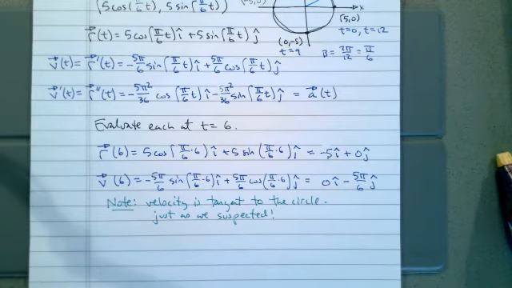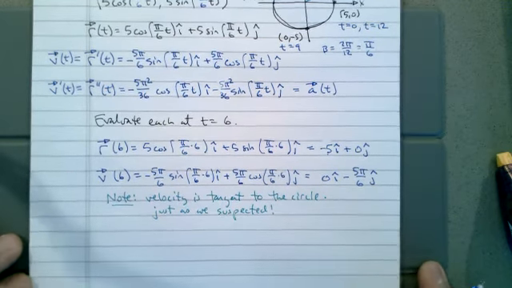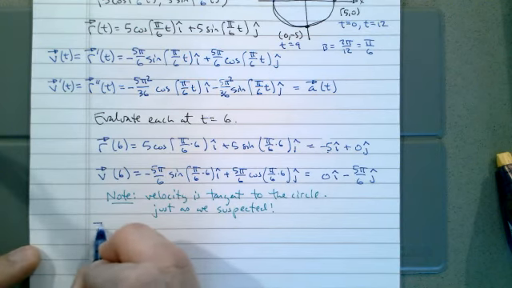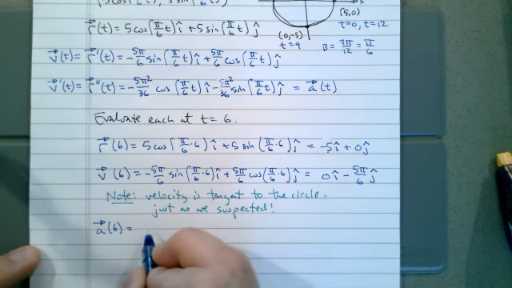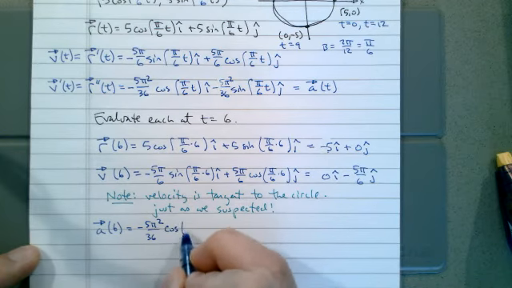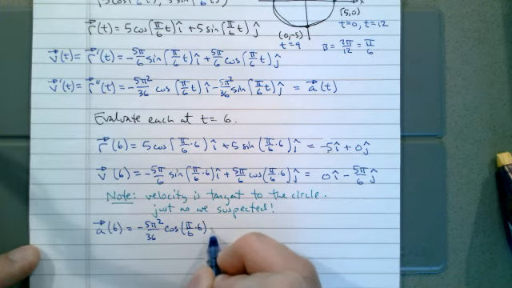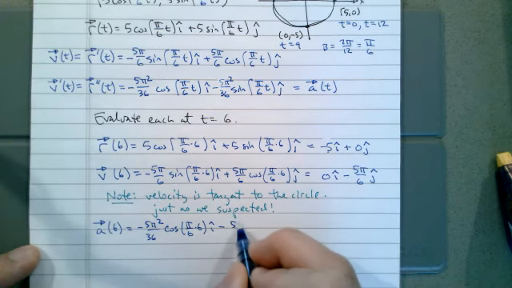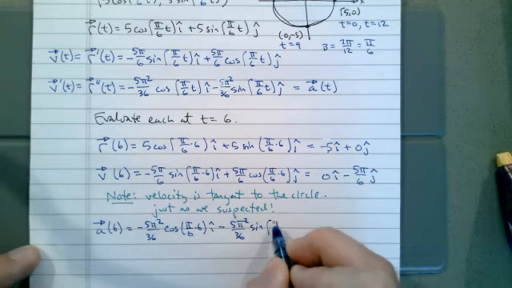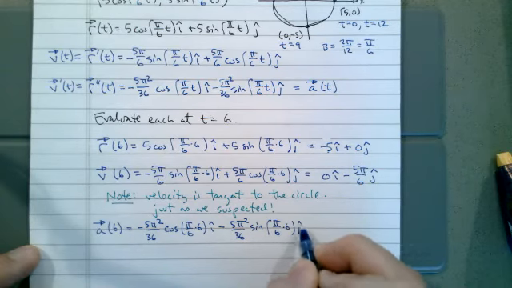So let's evaluate the acceleration. And we're going to suspect that the acceleration should also be tangent to the velocity. So let's look at our acceleration at 6. So I have -5 pi squared over 36 times the cosine of pi over 6 times 6i minus 5 pi squared over 36 times the sine of pi over 6 times 6j.